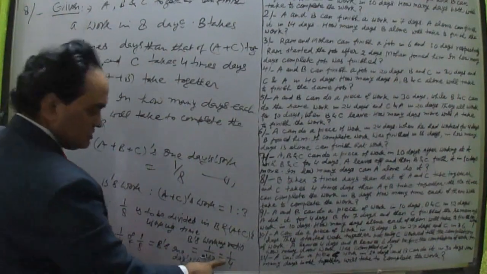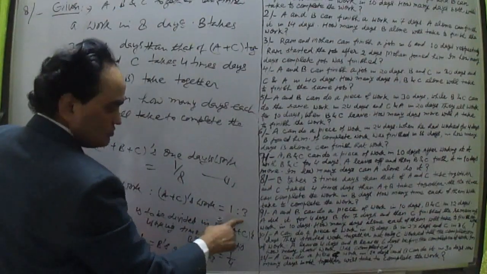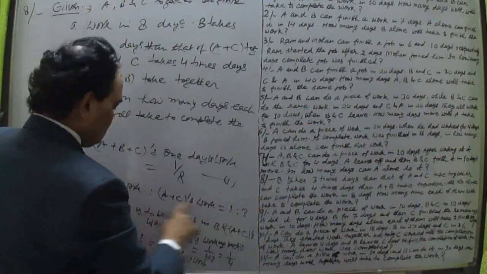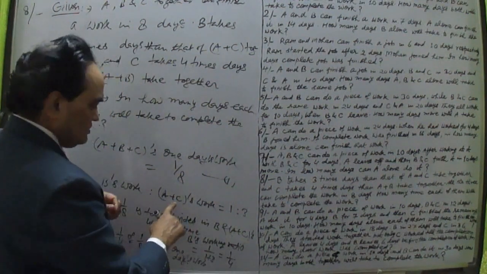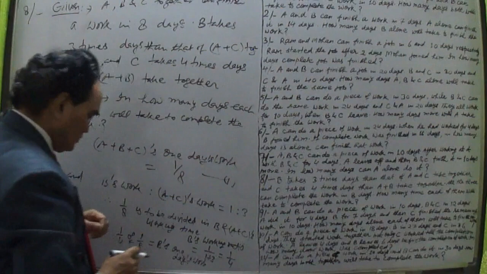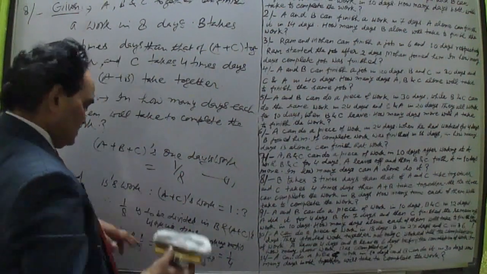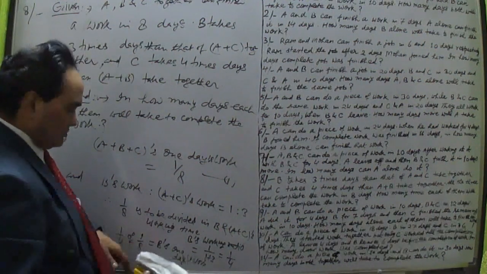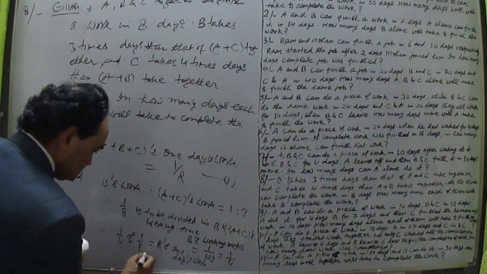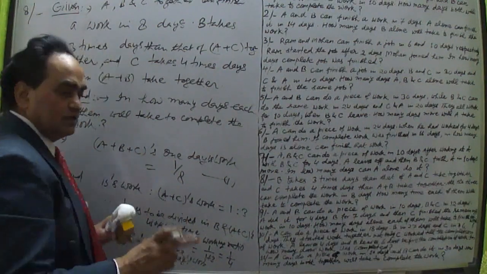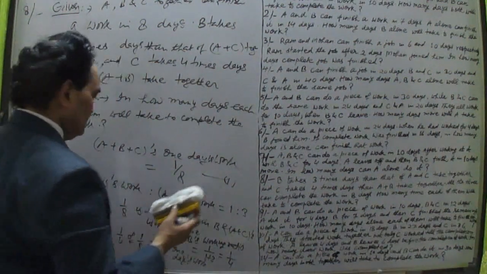This ratio is 1 upon 1 plus 3, the sum of the ratio in the denominator, 1 for B and 3 for A plus C. So this is 1 upon 4 of 1 upon 8, which equals 1 upon 32. 1 upon 32 is 1 day's work of B.